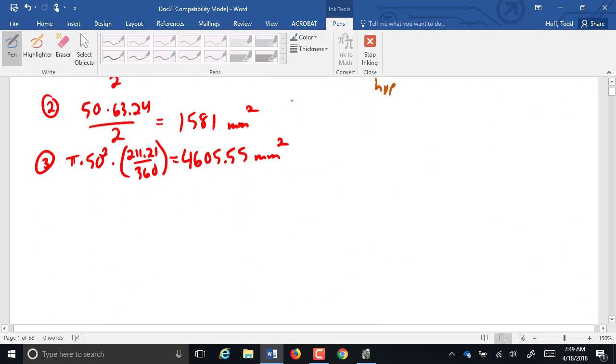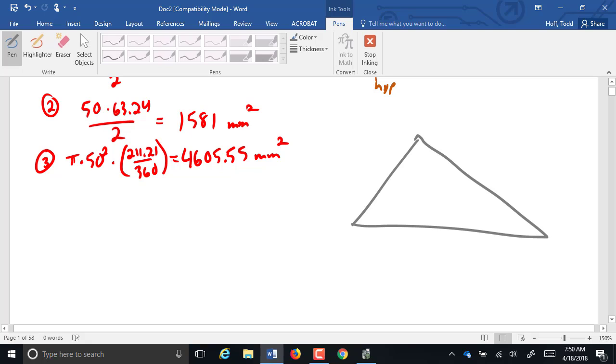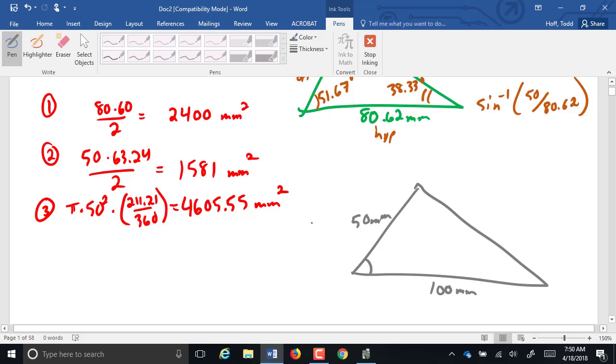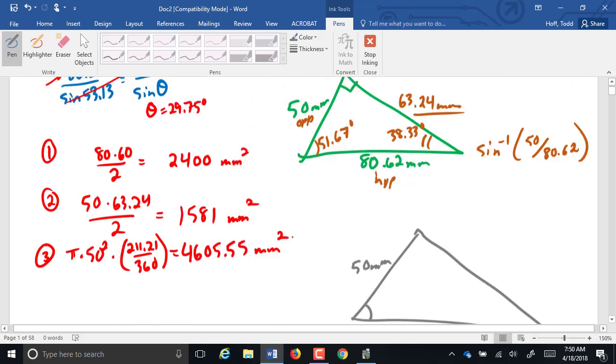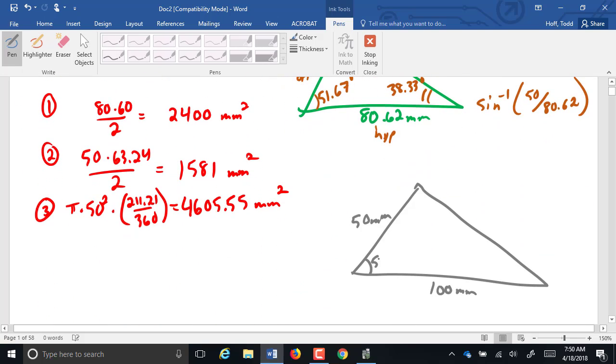But let's take a look at that triangle. We had 100 millimeters here, 50 millimeters here. This angle right here was 53.13 degrees. If I make an altitude right here, the area would be 100 times that altitude divided by 2.